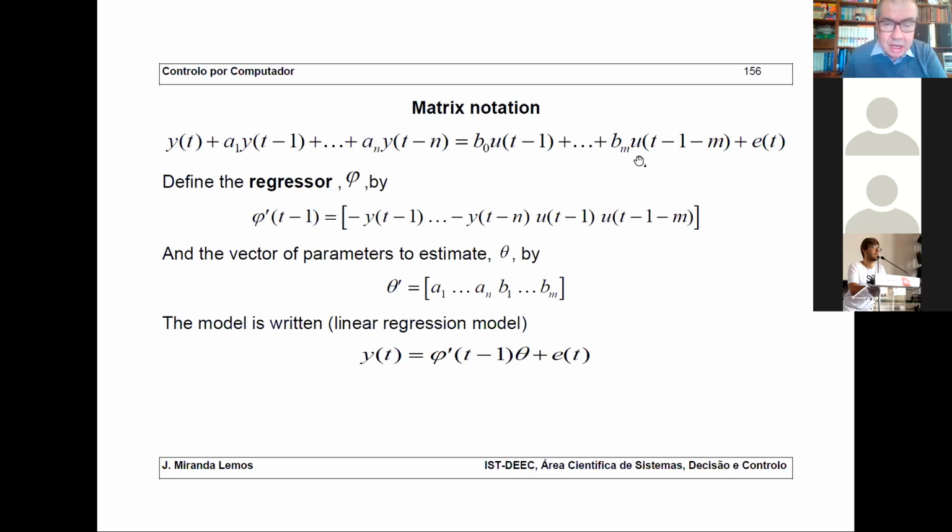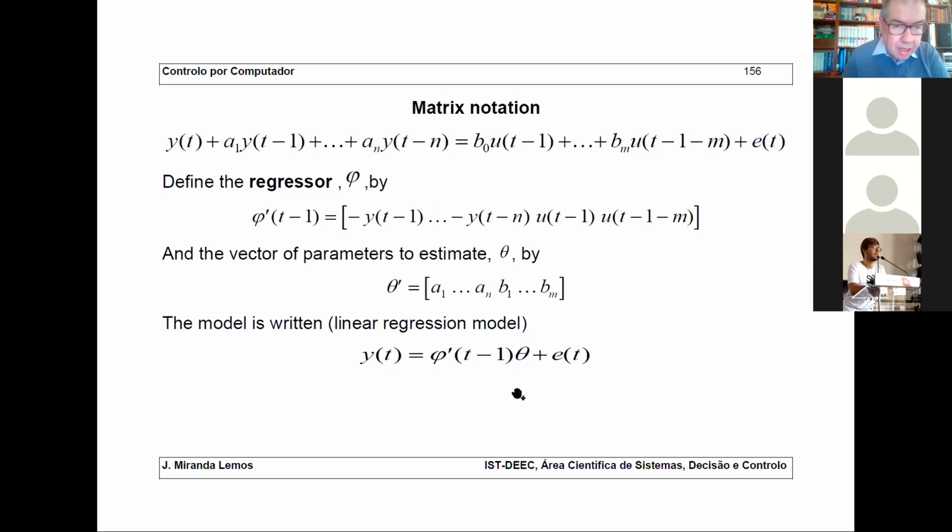Suppose that I had here squares of u or any other function. Imagine that y of t was depending on the square also of some values of u. So I would add them to the regressor. So what is critical here is that the dependency on theta is linear. Okay, so theta does not appear as complicated functions, but just as multiplication by the values of theta. Okay, so first step, write the difference equation as the linear regression model.